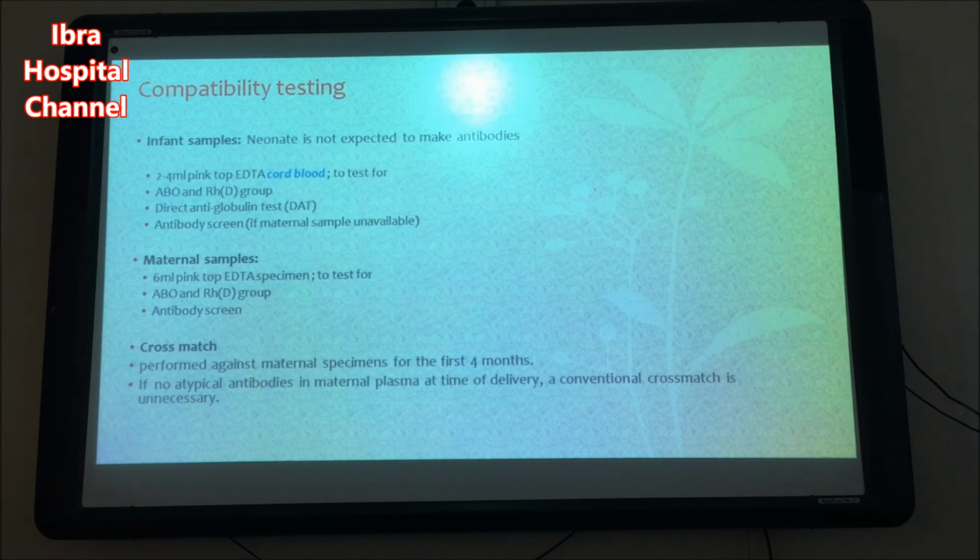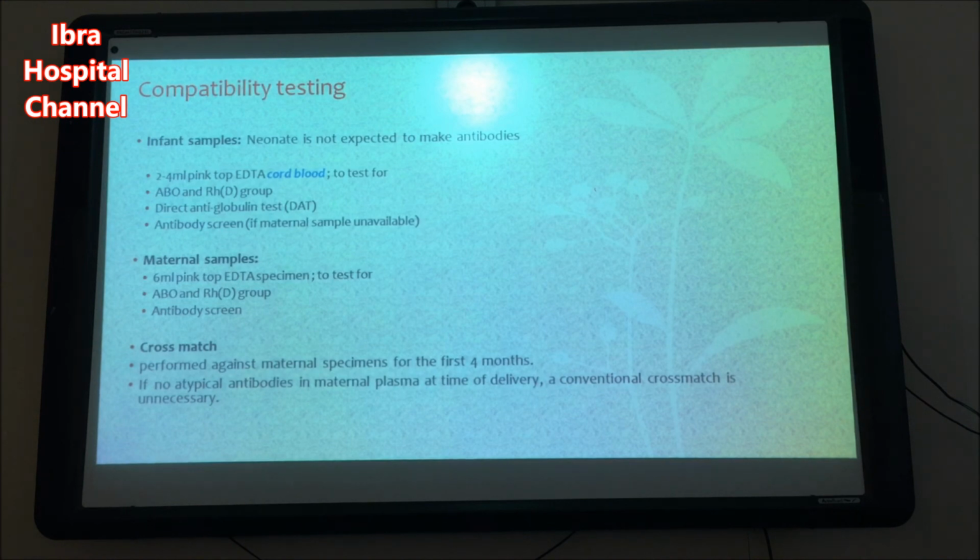Simple concept. Antibodies in the baby's circulation are not from his immune system, because he doesn't have any immune system. They come from the mother. So if we cross-match any blood unit with the baby, it will always be compatible. But these units should be cross-matched with the mother sample, because that's where the antibodies are coming from.